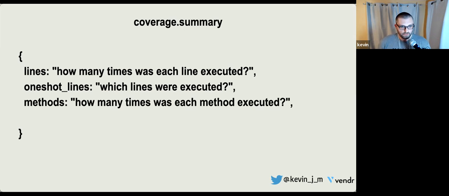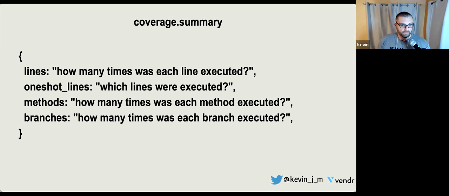We also talked about methods coverage that would tell you how many times each method was executed. And we wrapped up with a conversation on branches coverage, which is how many times each branch of each conditional was run. So we've talked for about half an hour on Ruby's coverage module and what it provides for you.